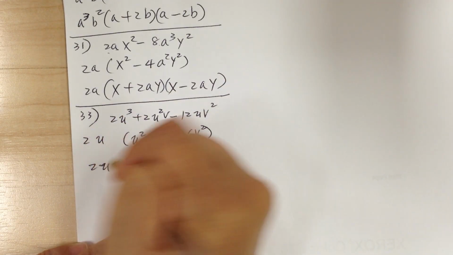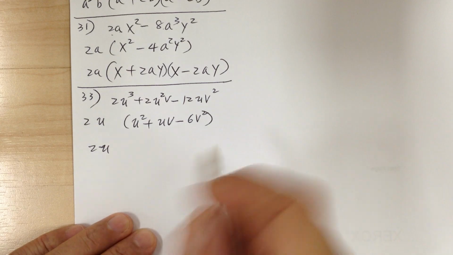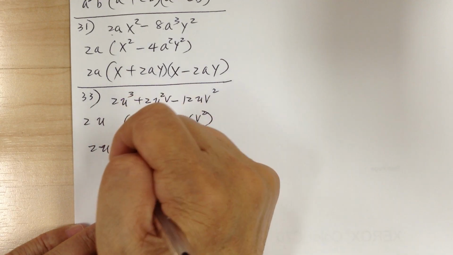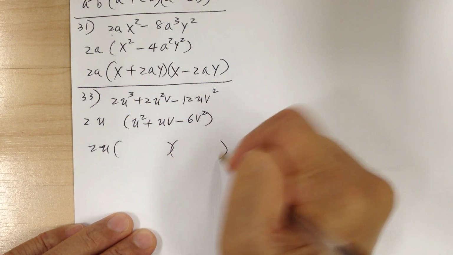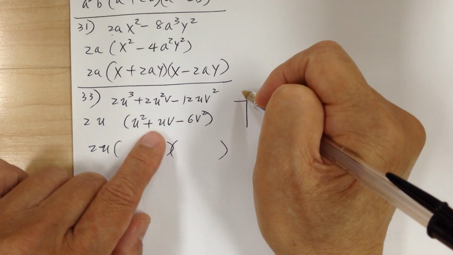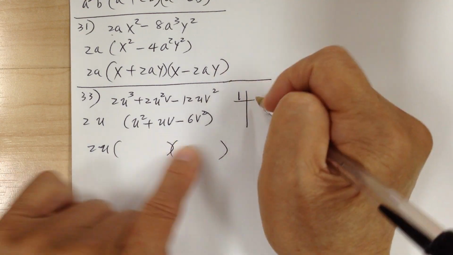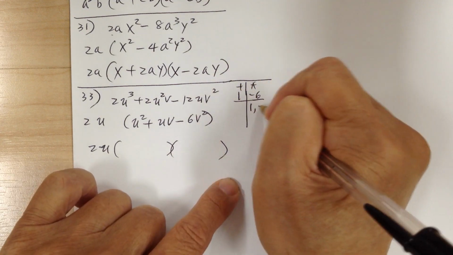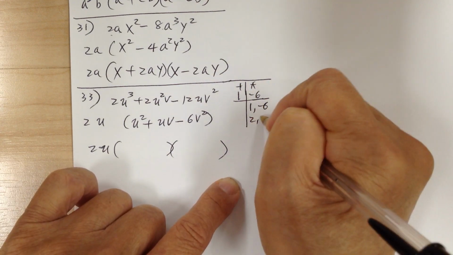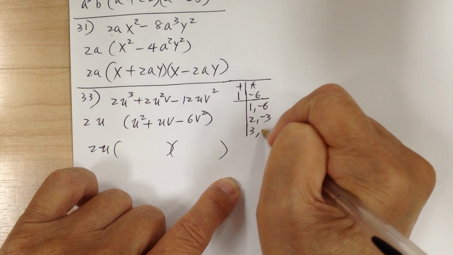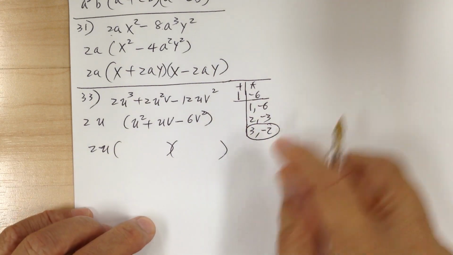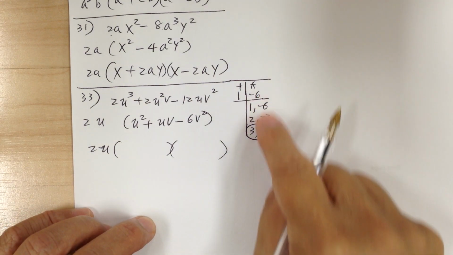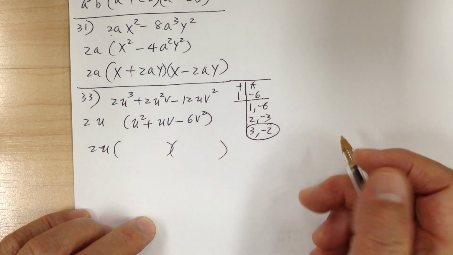Then after that, go to step 2b. This is not a perfect square, so go to step 4, master product. You need to get 1 and negative 6. So 1 comma negative 6, 2 comma negative 3, 3 comma negative 2, and that's the correct combination, right? 3 times negative 2 gives you negative 6, and 3 plus negative 2 gives you positive 1.